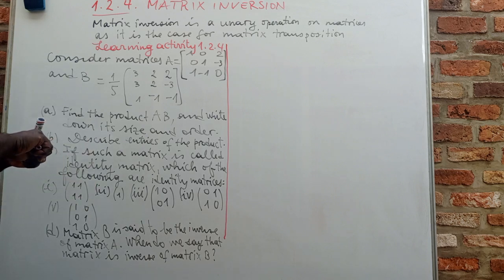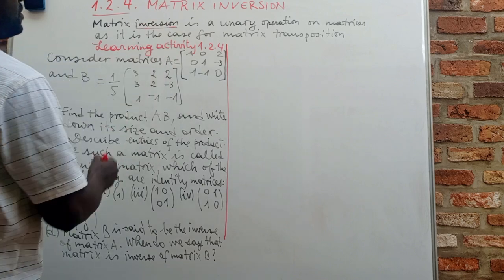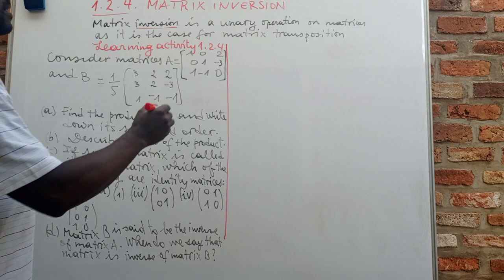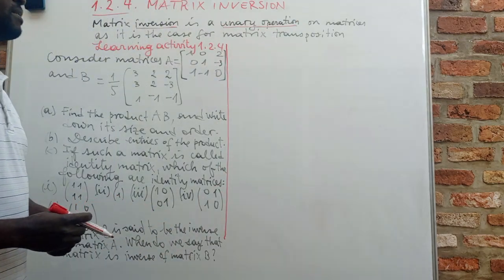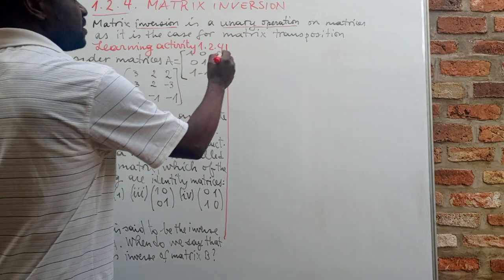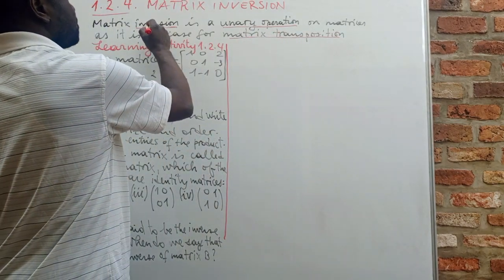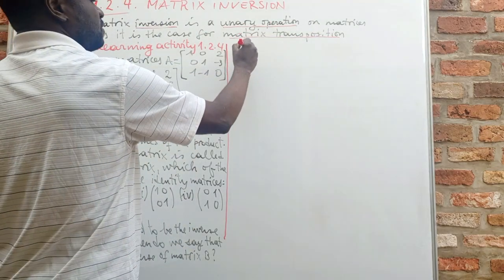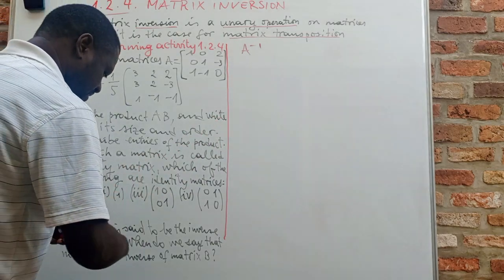Matrix inversion is about finding the inverse of a matrix, and it is a unary operation, like matrix transposition. In inversion, we are looking for the inverse of a matrix like A power -1.